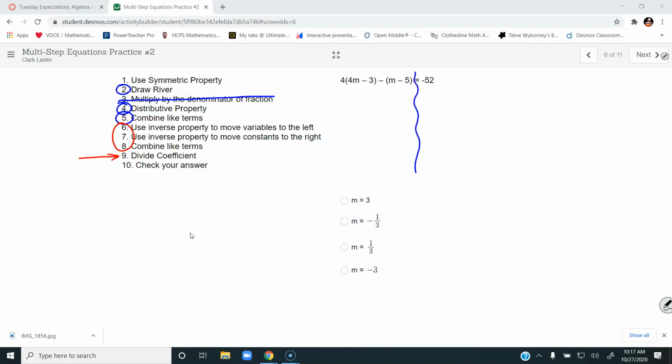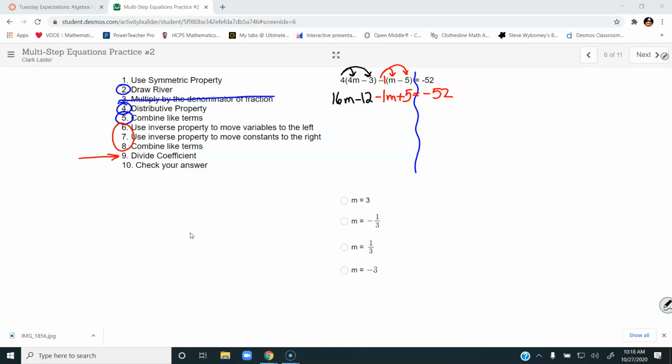So we're going to go in here. We're going to do 4 times 4m and 4 times negative 3. So it's going to be 16m minus 12. So now we are going to have a negative 1. This is implied to be a 1. It's going to be negative 1m plus 5 equals negative 52.